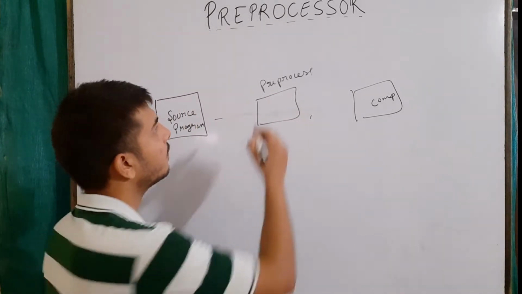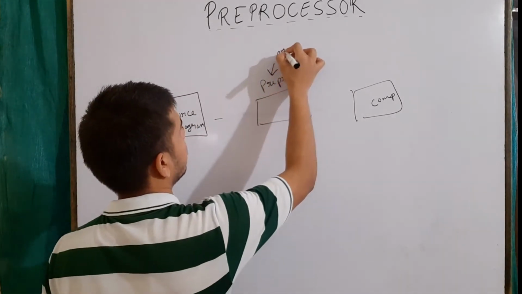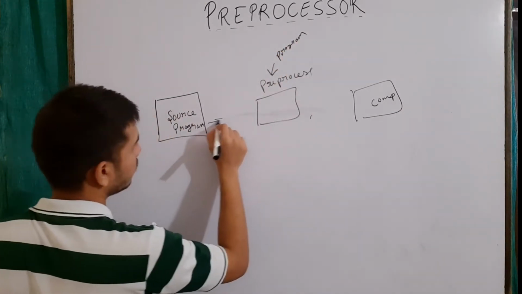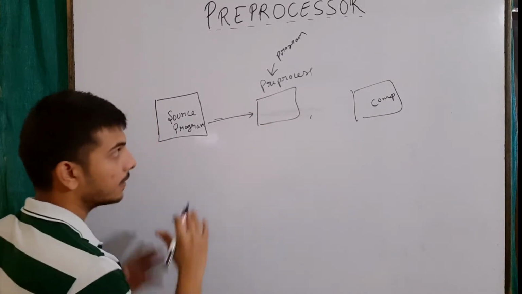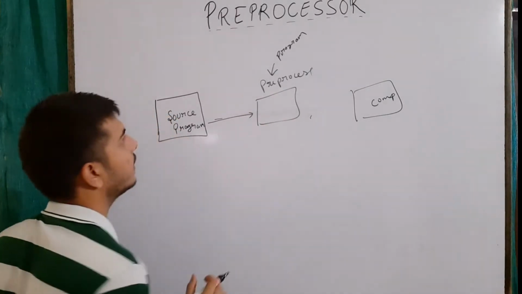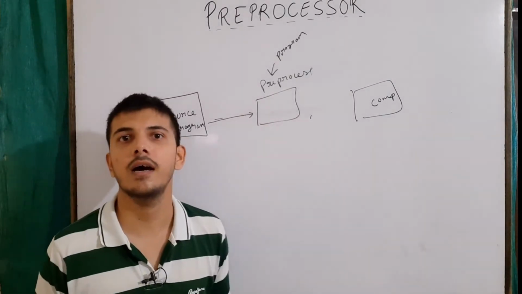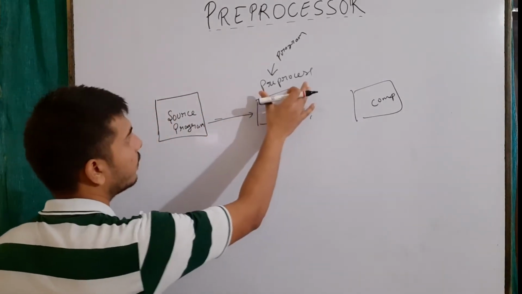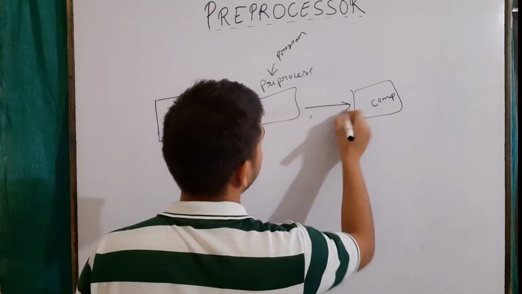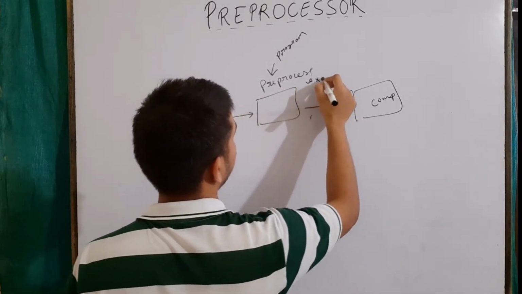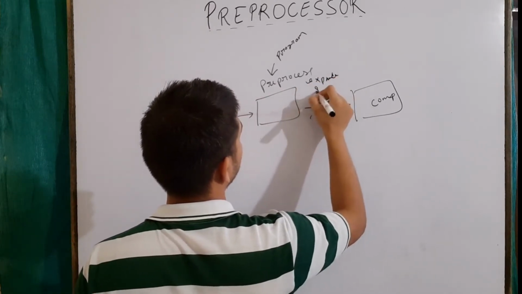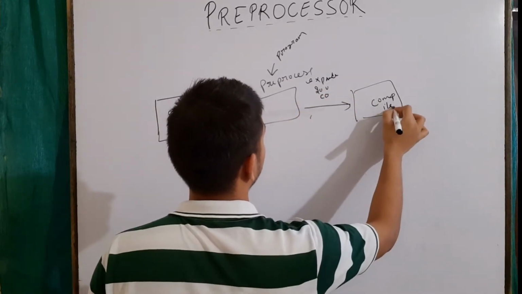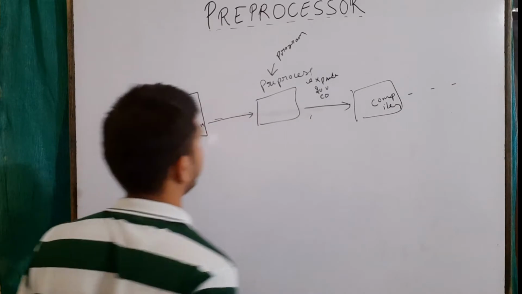Preprocessor is itself a program, which takes our source program, expands it, or we can say that it processes some of our instructions, and then it sends our expanded source code to the compiler. Then the further process takes on.